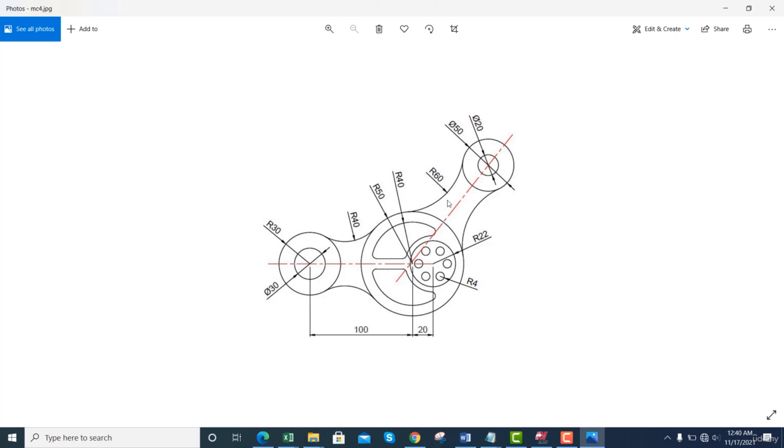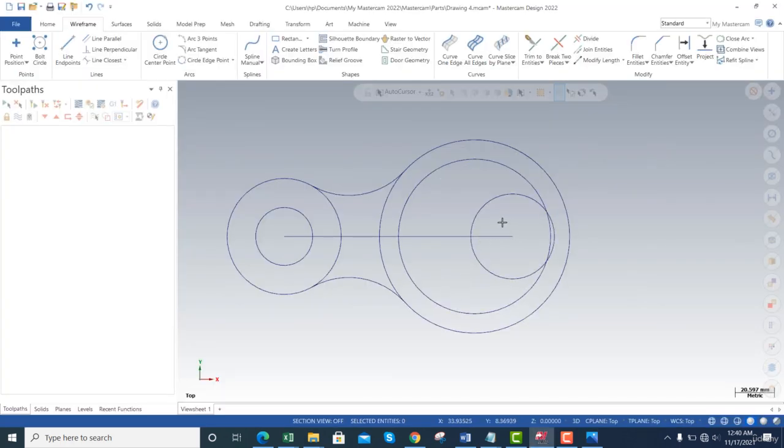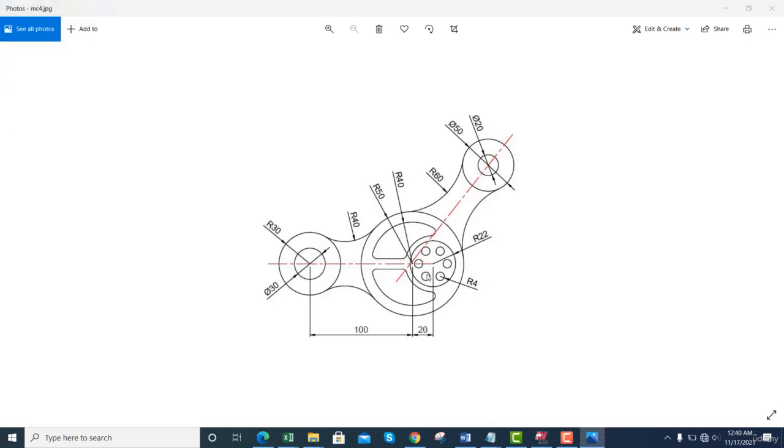Okay, so as we can see, the angle is not mentioned in the drawing, so we will do it by our own choice as we are practicing, so we don't have any problem. Now I will create this small circle with the bolt hole circle with a radius 4 and we don't have another radius. Okay, so it's fine.